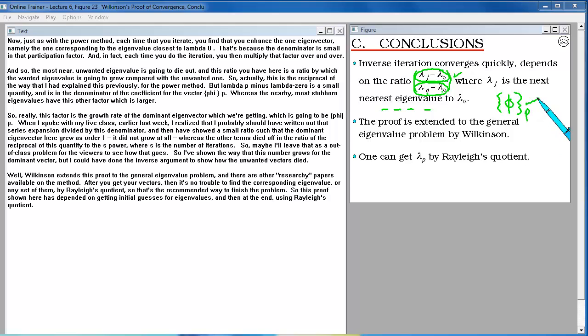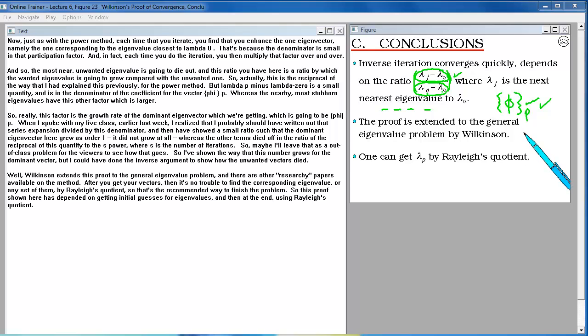It did not grow at all, whereas the other terms died off in the ratio of the reciprocal of this quantity to the s power, where s is the number of iterations. So maybe I'll leave that as an out-of-class problem for the viewers to see how that goes. So I've shown the way that this number grows for the dominant vector, but I could have done the inverse argument to show how the unwanted vectors died.